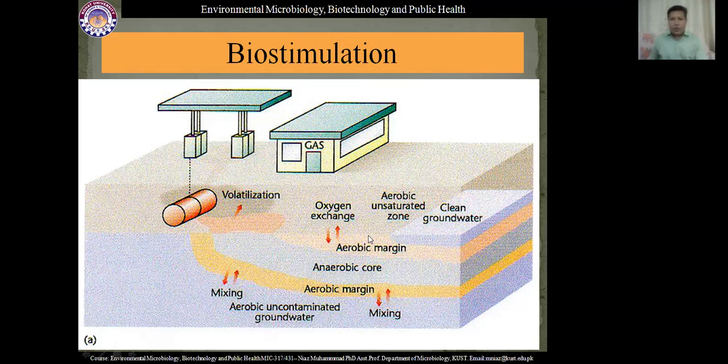Aerobic unsaturated zones also facilitate the aerobic microbial population to decompose it. So actually, what we are doing here is facilitating the existing microbial population to decompose the pollutant. That is called biostimulation: stimulating the existing microbes to decompose the pollutant in soil.